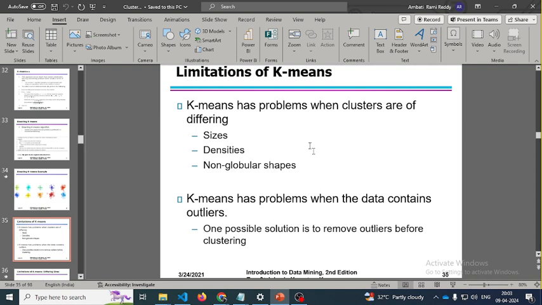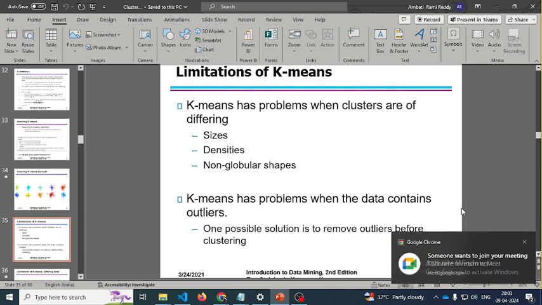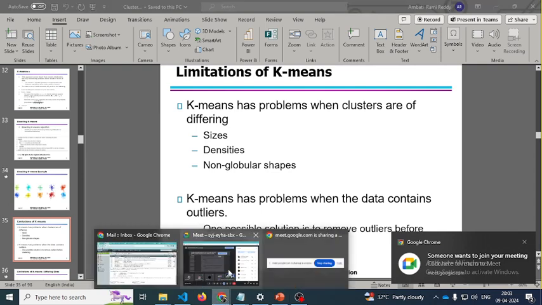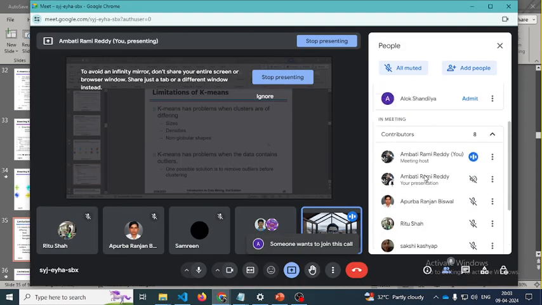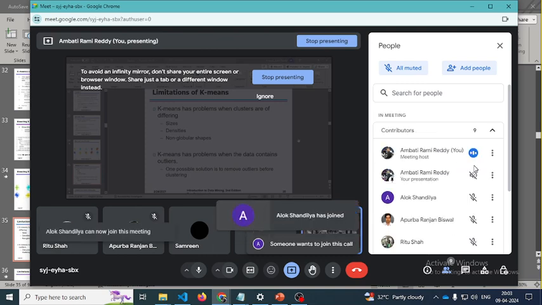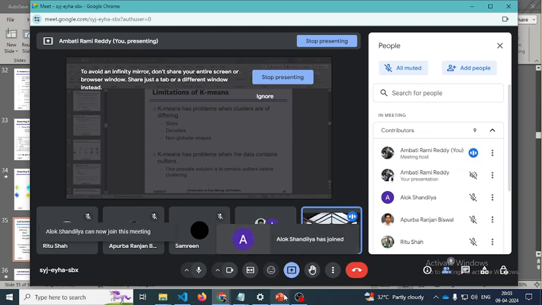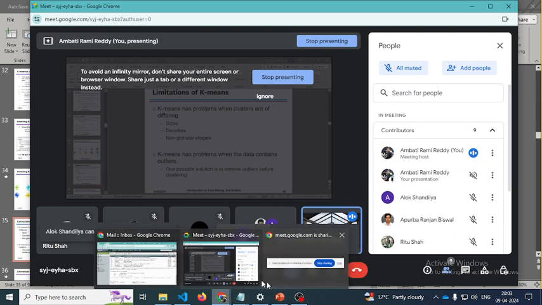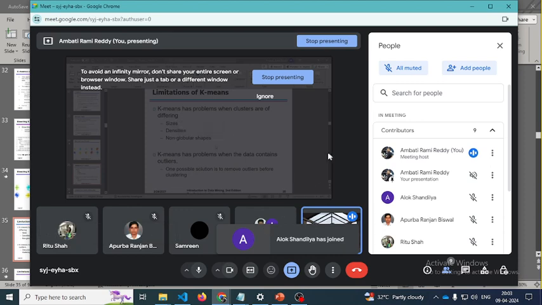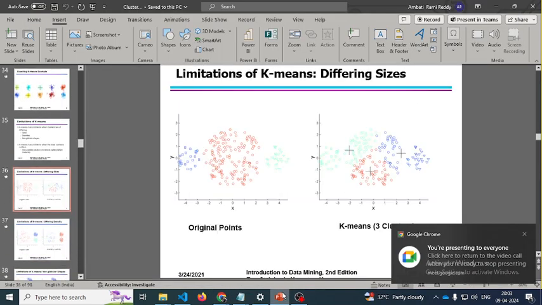K-means also has problems when you have outlier data. That's why we are moving to another clustering technique, hierarchical clustering.